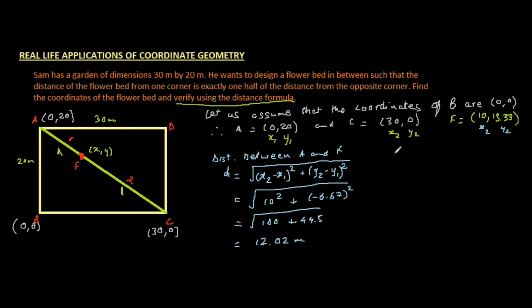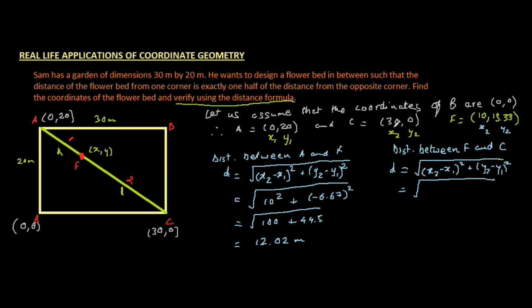And then we have to find out the distance between F and C. So again, D would be the same, square root of (x2 minus x1) whole square plus (y2 minus y1) whole square, which will be equal to x2 is again 10, x1 is 30, so negative 20, the square of negative 20, plus y2 is 13.33 and y1 is 0, so that is 13.33 square, which will be equal to 400 plus 177.7.